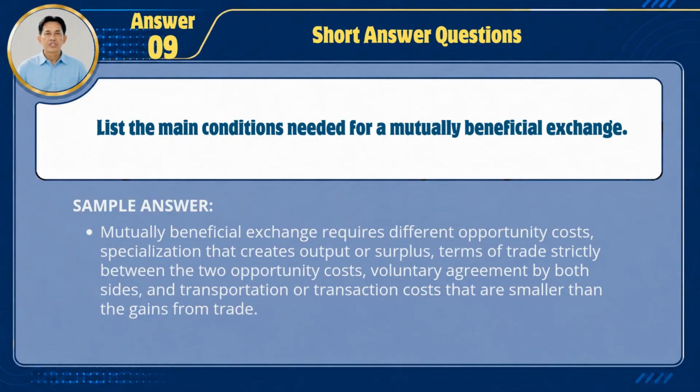Mutually beneficial exchange requires different opportunity costs, specialization that creates output or surplus, terms of trade strictly between the two opportunity costs, voluntary agreement by both sides, and transportation or transaction costs that are smaller than the gains from trade.